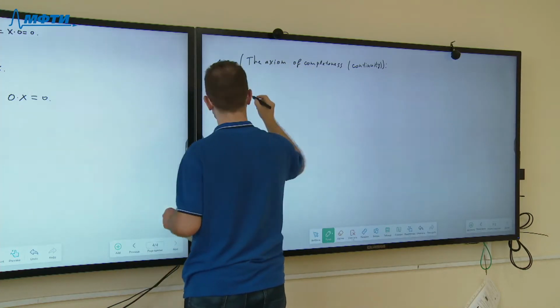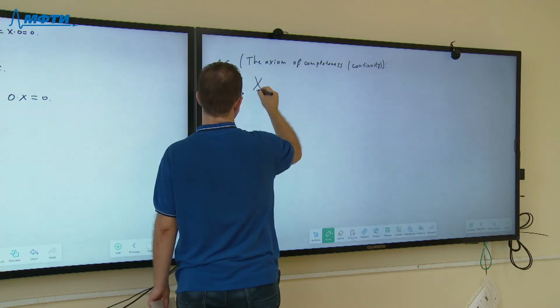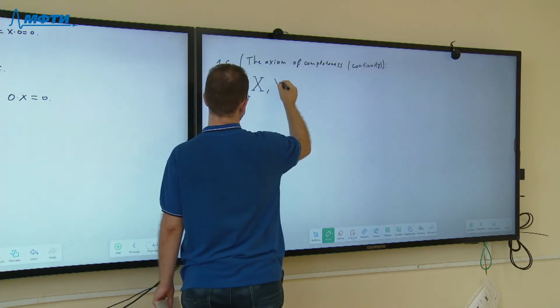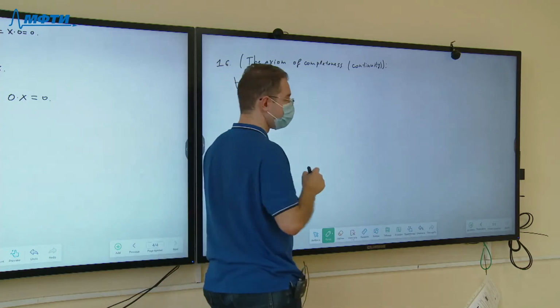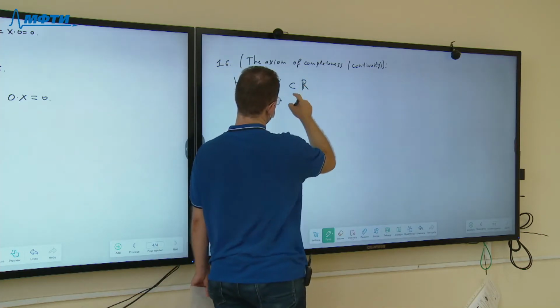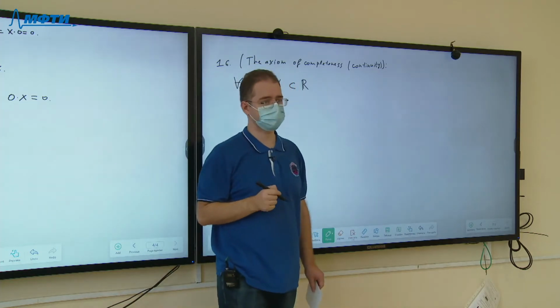For any capital X and capital Y subsets of R. This symbol means subset.